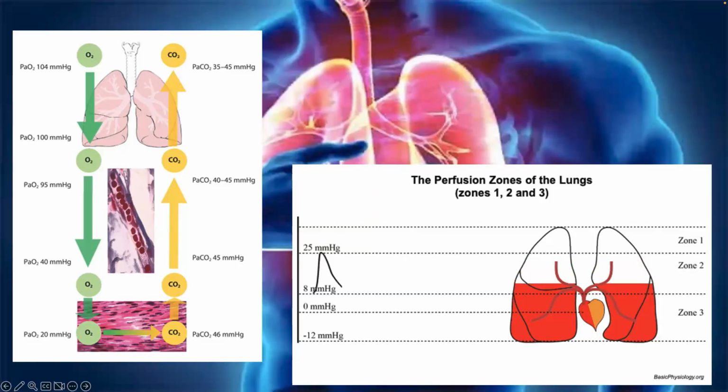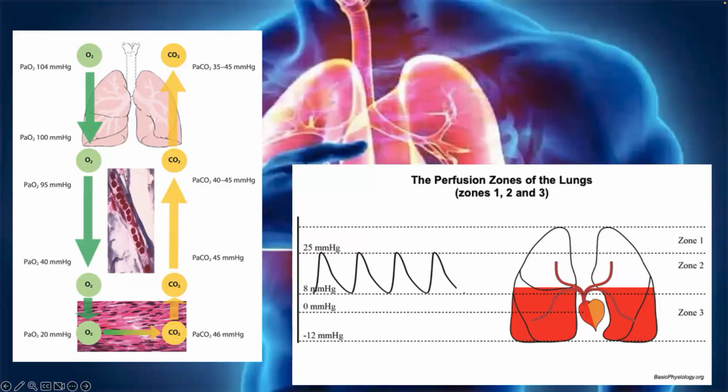We're at 104 at the mouth, and as we go down from the mouth to the trachea, all the way to the very bottom, our partial pressure drops down to 20 of oxygen. Conversely, at the bottom our CO2 level is high, 46, and then it goes to 35 to 45. So when we do our end-tidal CO2s, what are we measuring? What's a normal end-tidal CO2? 35 to 45, and this is the reason why it's 35 to 45.